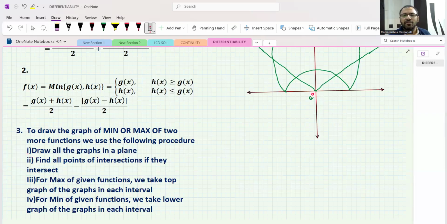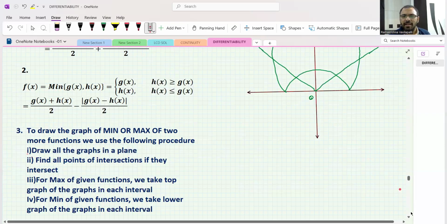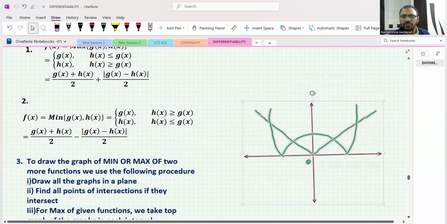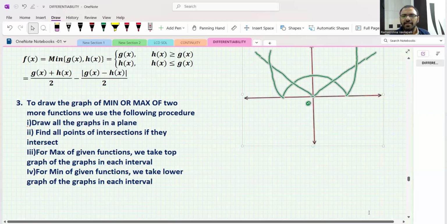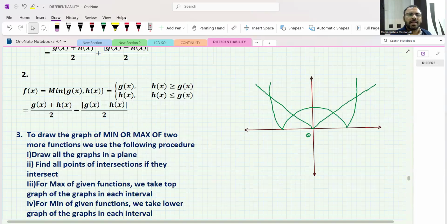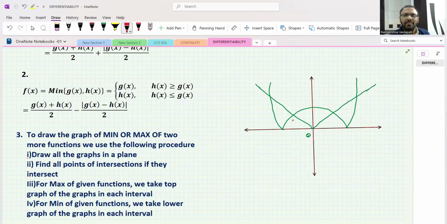I will explain through this example. Here you see. I'll drag this graph a little down so that we can read this and I can explain. Roughly, I have taken this.